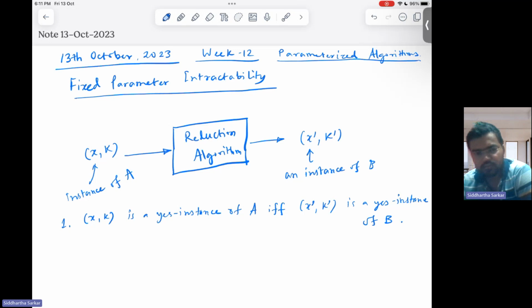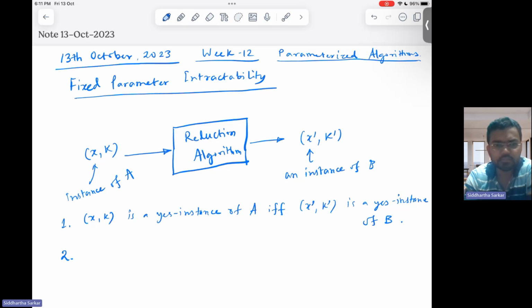If x dash comma k dash is a yes instance, then x comma k is a yes instance. And if x dash comma k dash is a no instance, then x comma k is also a no instance. So between A and B, there is an if and only if relationship. This is the first condition.